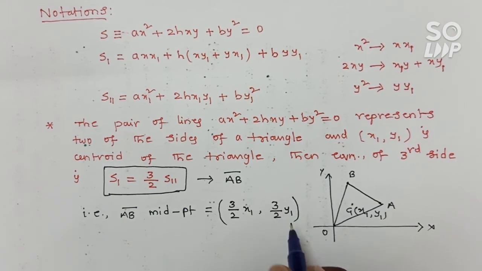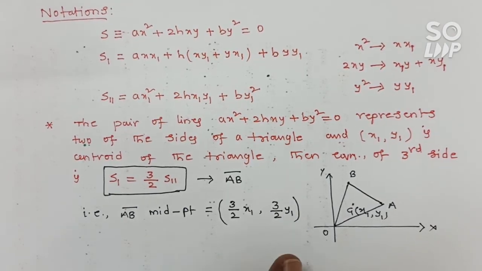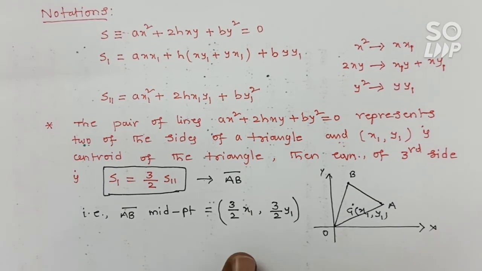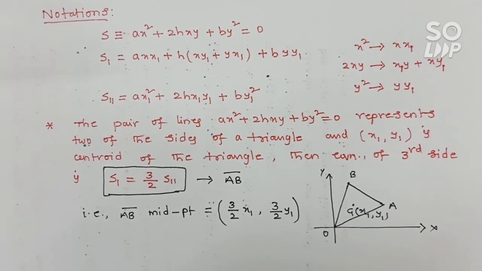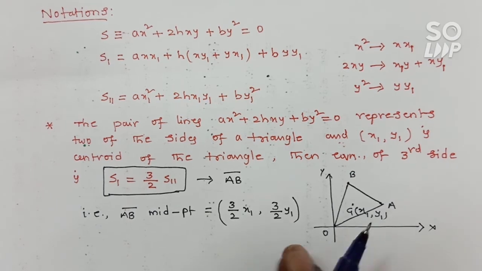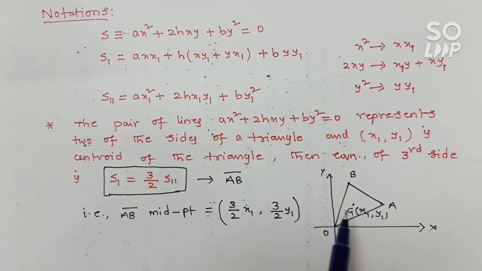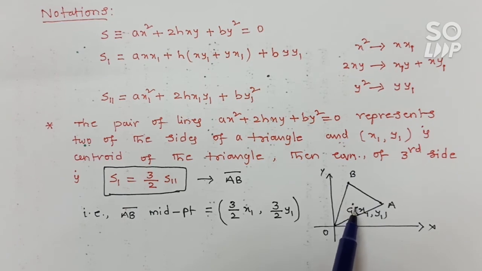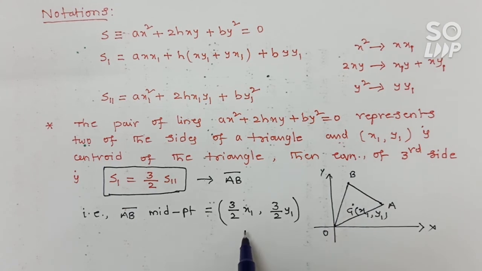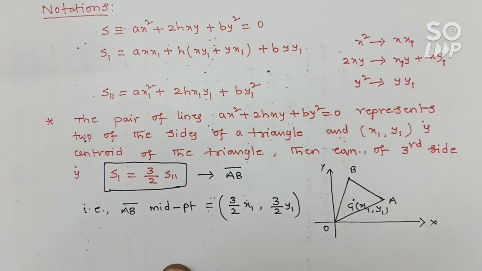So this is the midpoint of the third side. Please all of you remember this formula. If I give the centroid of a triangle, then what is the midpoint of the third side? Third side means the one which does not pass through the origin. So this is a very important formula.